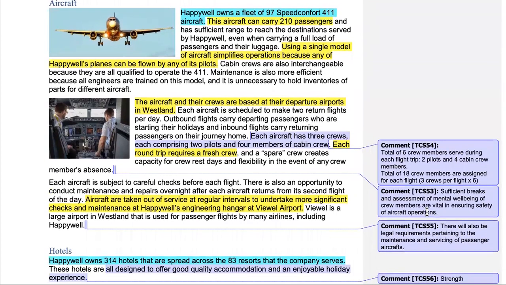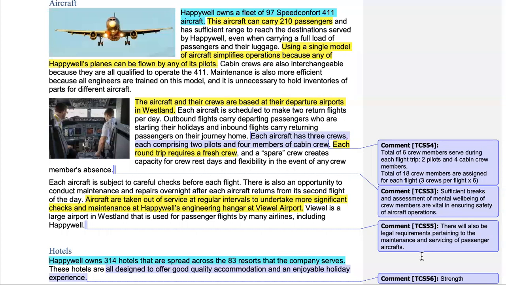And since we are operating our very own aircraft, we have to be conversant about, or considerate about, providing sufficient breaks to the crew who work within these planes. And on top of that, we have to assess the mental well-being of the crew members in order to ensure the safety of aircraft operations.